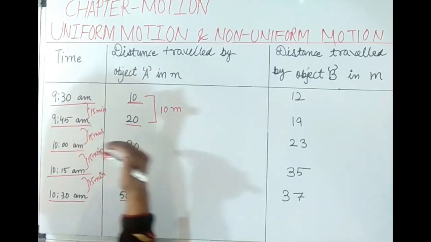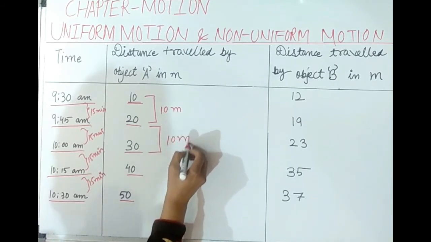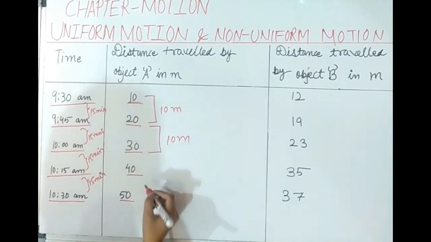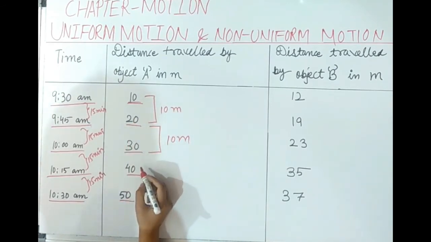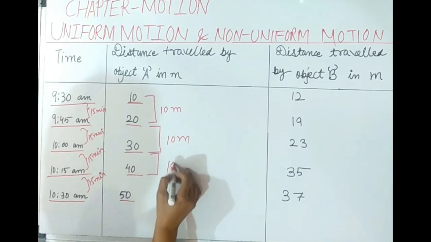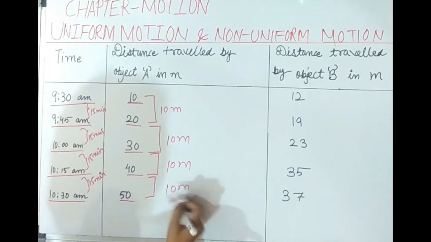Again in the next 15 minutes, how much distance has the object covered? 10 meters. 30 minus 20. In the next 15 minutes, the object has covered again 10 meters, and in another 15 minutes, the object has covered 10 meters.